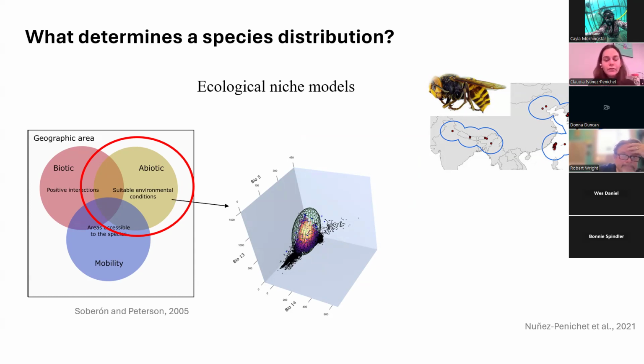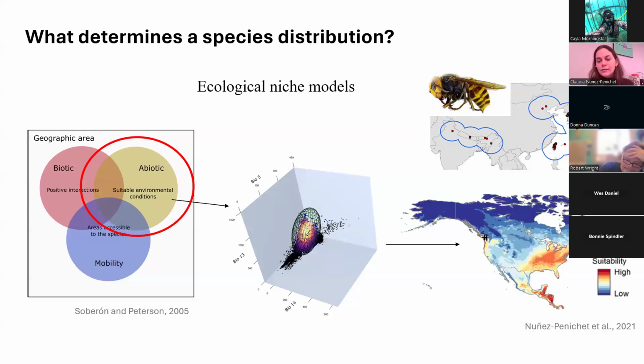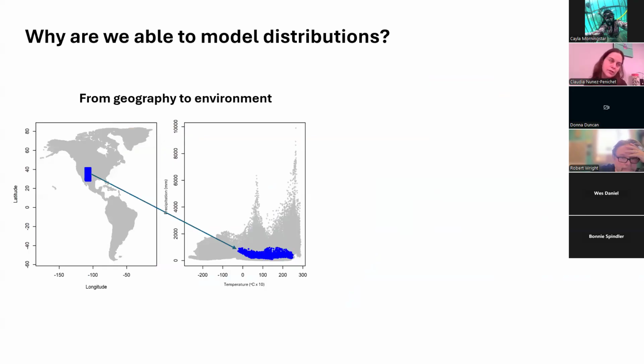And once we have that reconstruction of the environmental conditions that the species likes, because they are using it already, we can project into other areas and look for places that might have the same or similar environmental conditions to those of their native range. And this is what we can have as a result: a prediction highlighting the areas that might have the same environmental conditions that are suitable for the species.